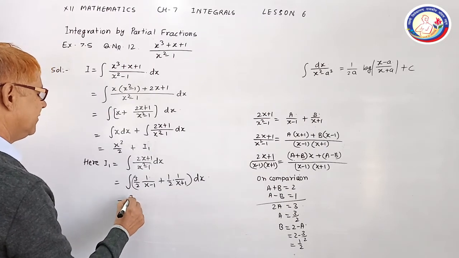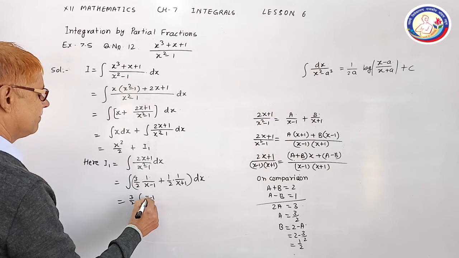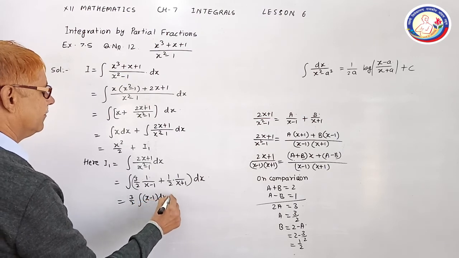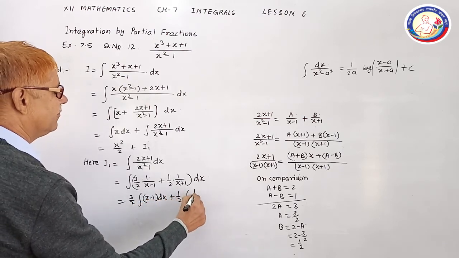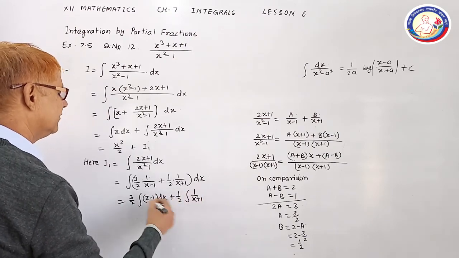And this will lead us to 3 by 2 integration of dx upon x minus 1 plus 1 by 2 integration of dx upon x plus 1.